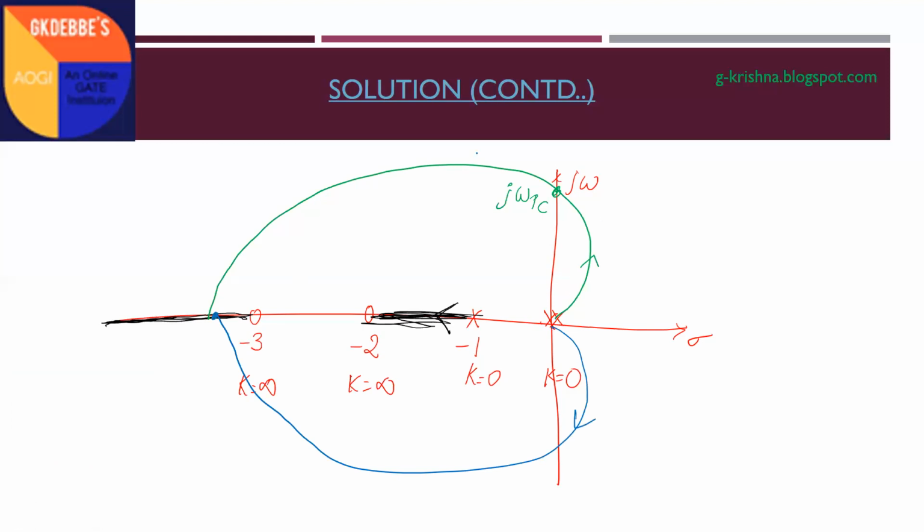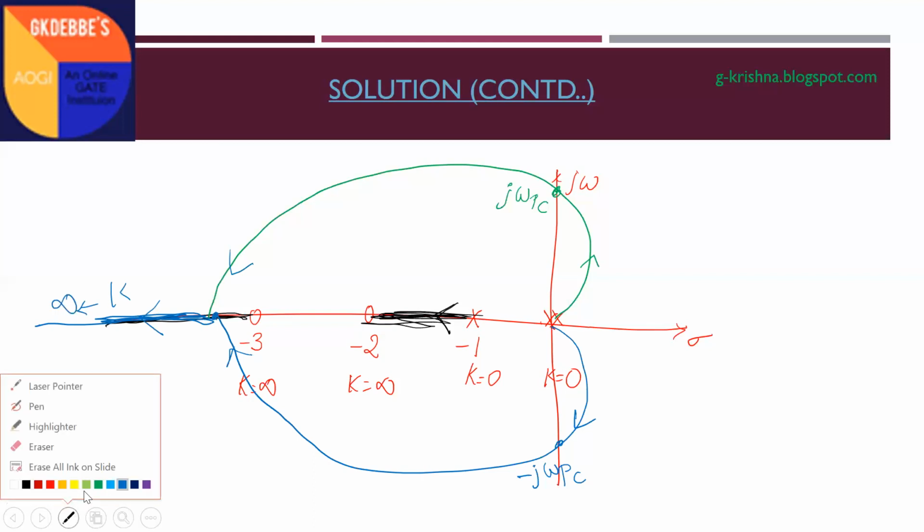For the two branches, one branch goes like this, cutting the imaginary axis here at minus j omega PC one time, and they will break in here. After the break-in, one branch reaches this zero, and another branch terminates at infinity with an angle of 180 degrees. Another branch will reach that zero at minus 3 itself, as k tends to infinity.